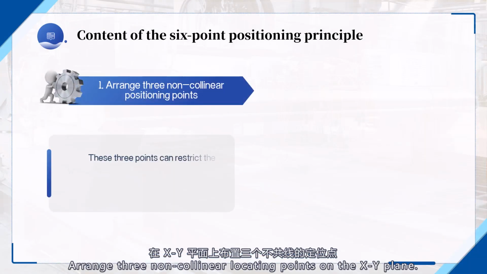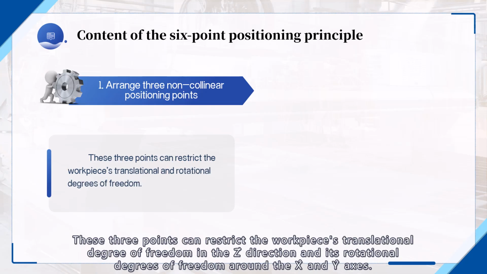Arrange 3 non-collinear locating points on the xy plane. These 3 points can restrict the workpiece's translational degree of freedom in the z direction and its rotational degrees of freedom around the x and y axes.